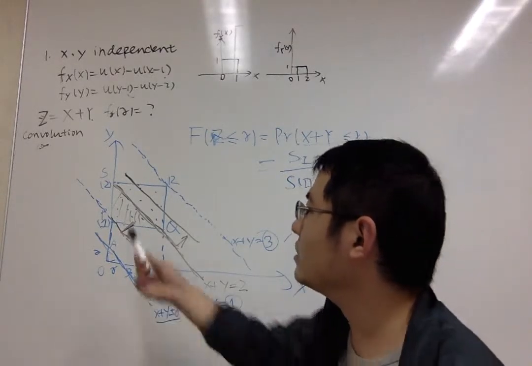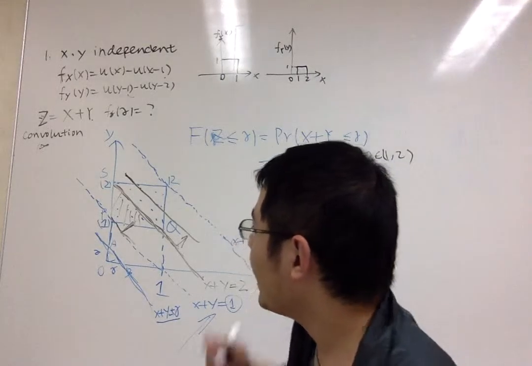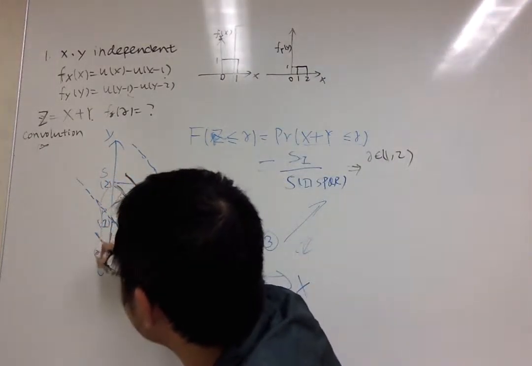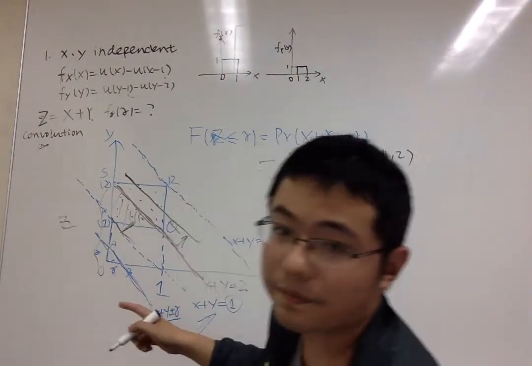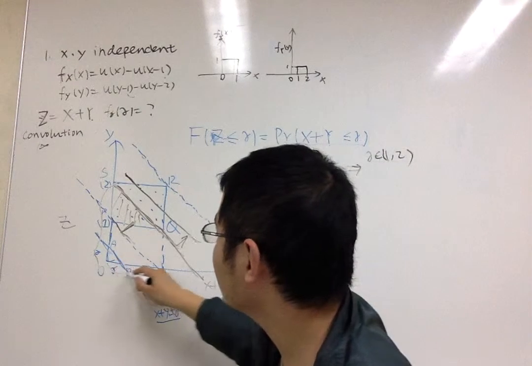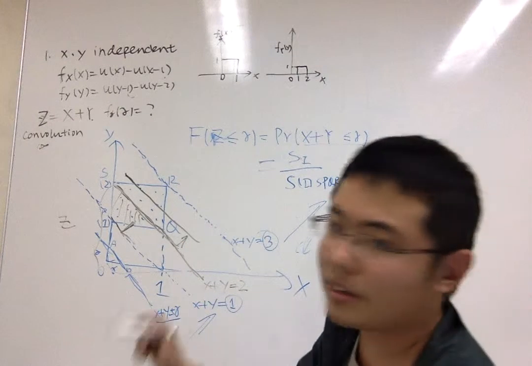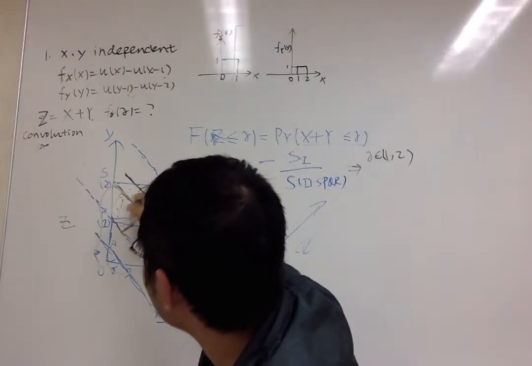So we just calculate this area. We know that the intercept is z on both axes, but this is not the area we care about. The area we care about is the shaded area.